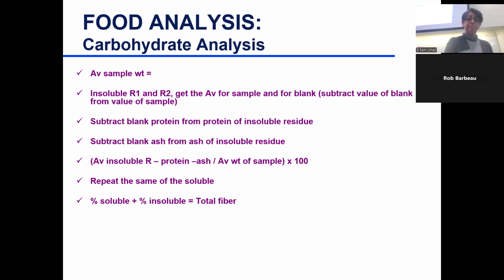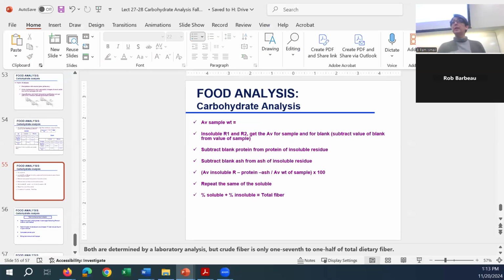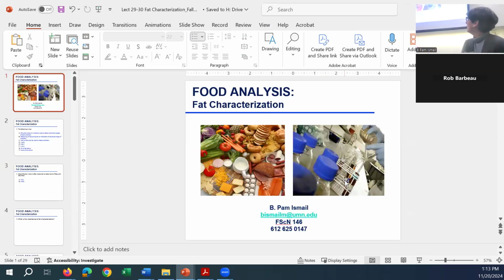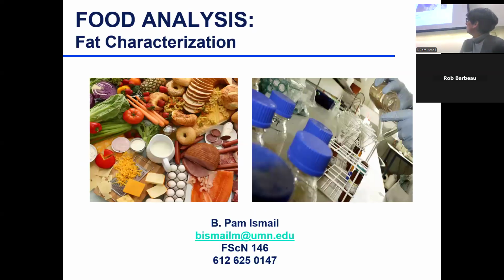Okay, so that ends carbohydrate. We go to fat characterization topic, which is very interesting. And next week's lab is fat characterization lab, one of the greatest labs of all time.